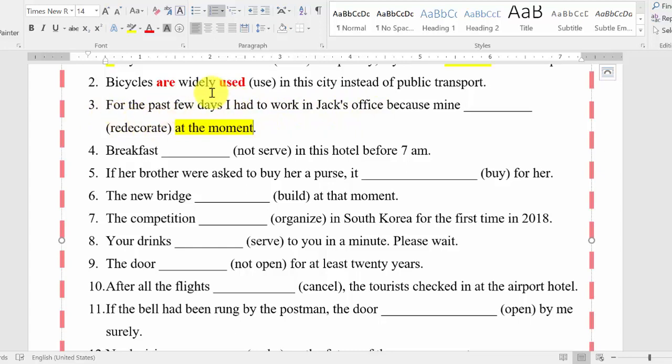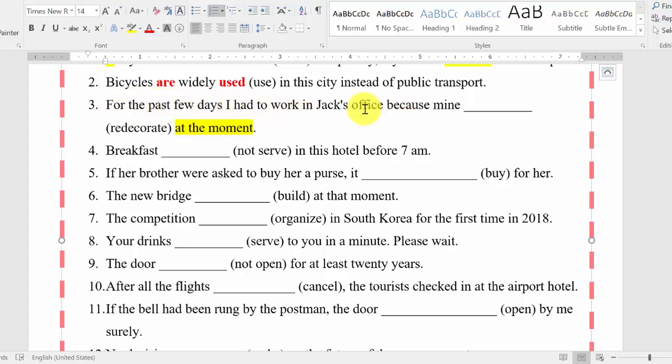For the past few days, this time is for the verb here, had to work. The tense of this verb is being affected by the keyword here. For the past few days, this one is past tense.